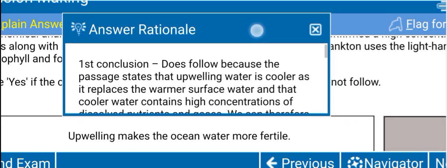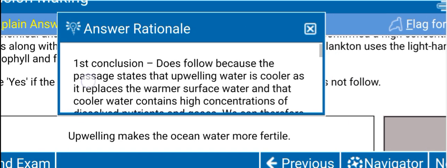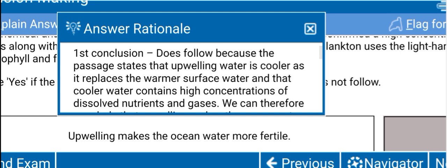So the first conclusion, which says upwelling makes the ocean water more fertile, does follow the statement of the question, because the passage states that upwelling water is cooler as it replaces the warmer surface water, and that cooler water contains high concentrations of dissolved nutrients and gases.